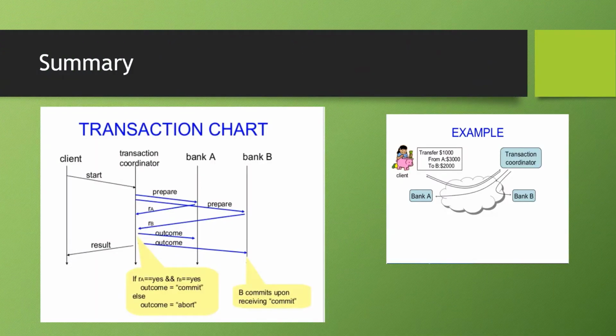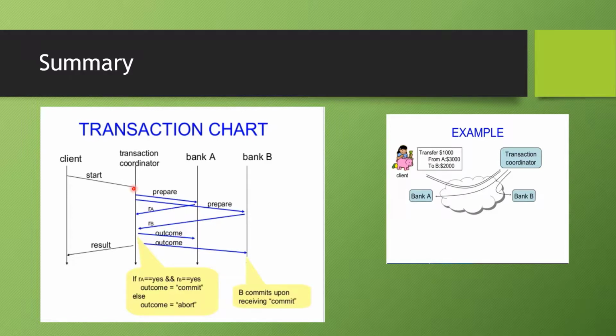Now to have a clearer understanding, let us see the transaction chart of the previous bank example, that is transferring money from one bank to another bank. Here the client sends a request to the transaction coordinator. The transaction coordinator breaks the transaction and gives it to bank A and bank B, and both are executing. Now we want to know the status, whether the complete transaction can be saved or it should be aborted.